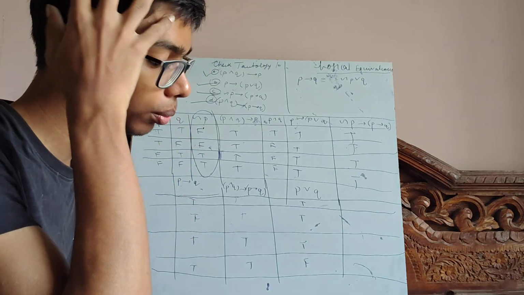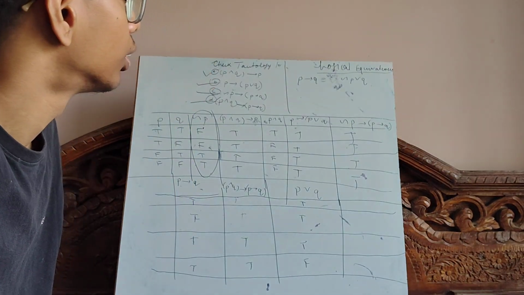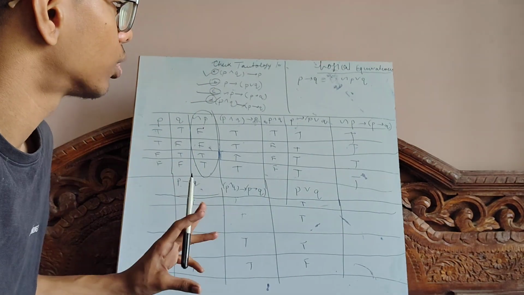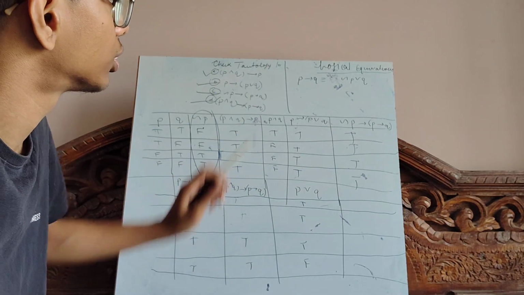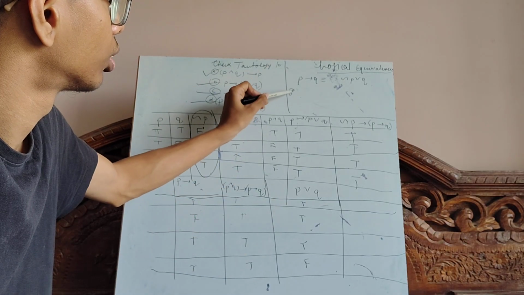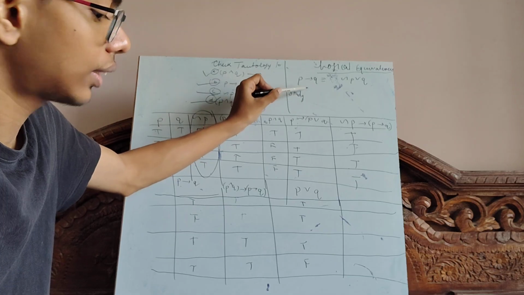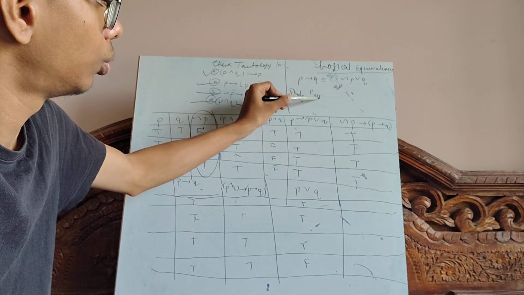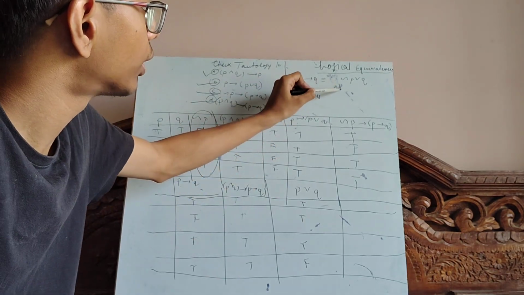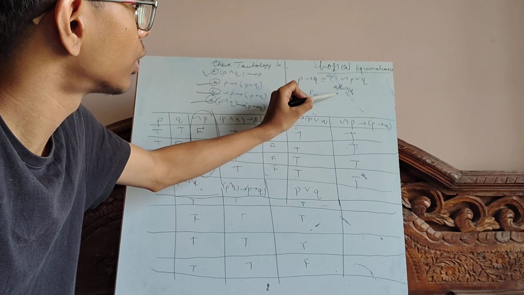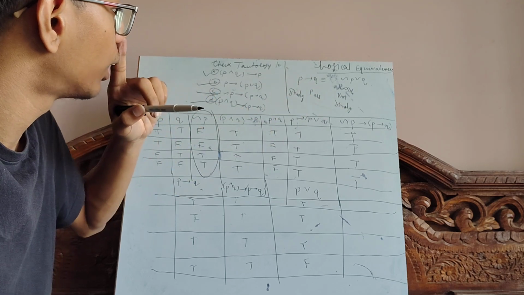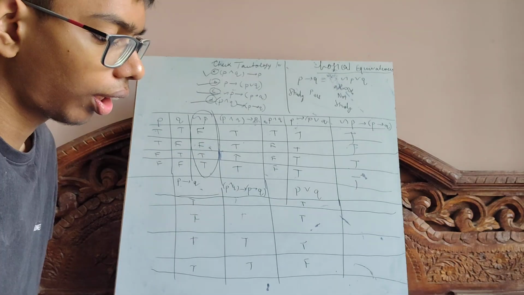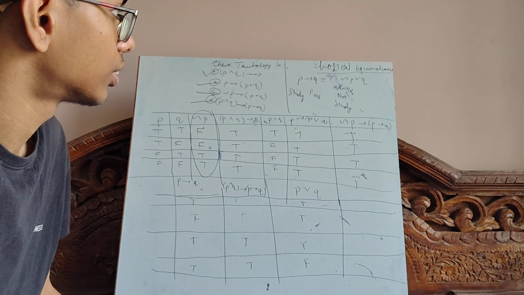So how to memorize this, or how to see the core logic behind it? It simply means if I have event P, suppose I study, this implies I will pass, Q. Now suppose I don't study, then I will not pass.